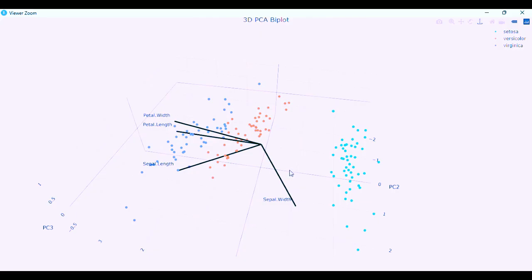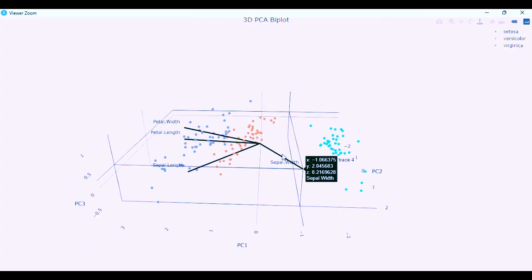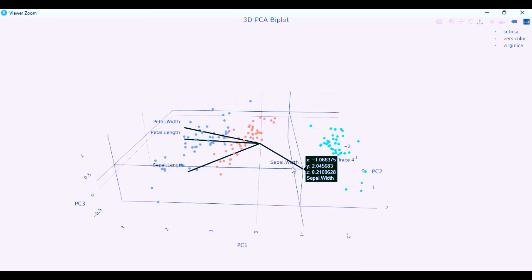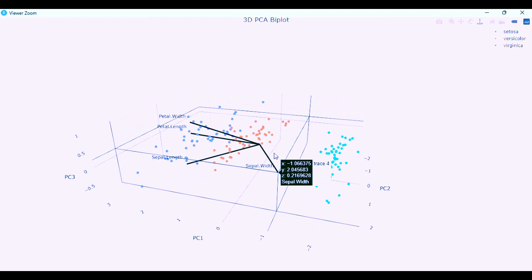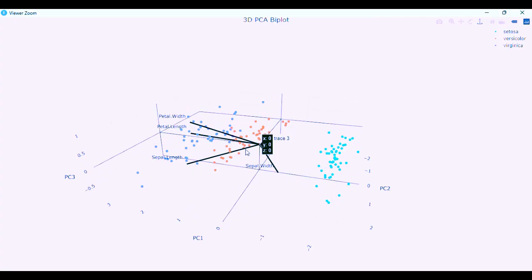So we can also use PCA to reduce dimensionality of data and visualize patterns that are otherwise difficult to detect directly when working with many variables at the same time. Throughout this video, I will explain why we might need to use PCA, how to select the number of dimensions.